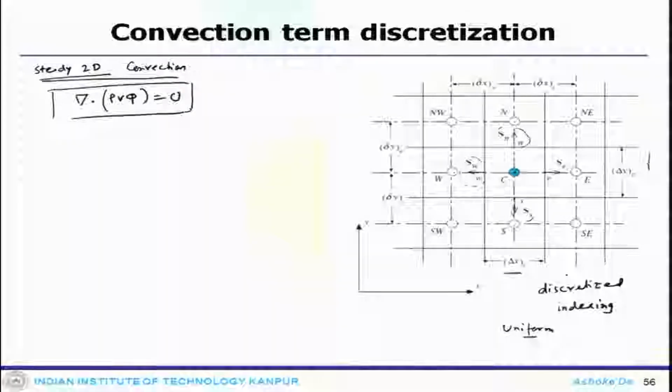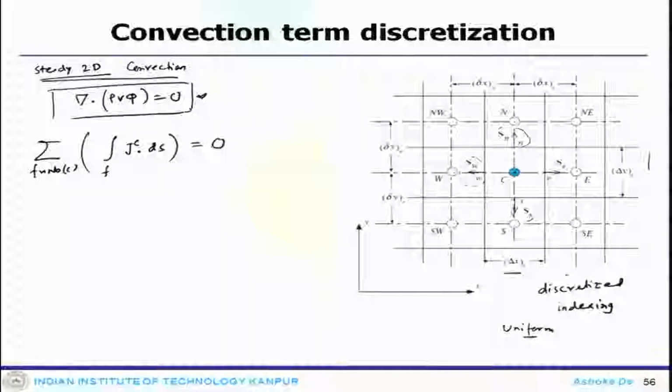Now, once you look at this particular equation, how do you get the equation discretized? Once you do the integration over cells, the volume integral gets transferred to a surface integral over all the faces, the sum of face j dot dS equals 0.